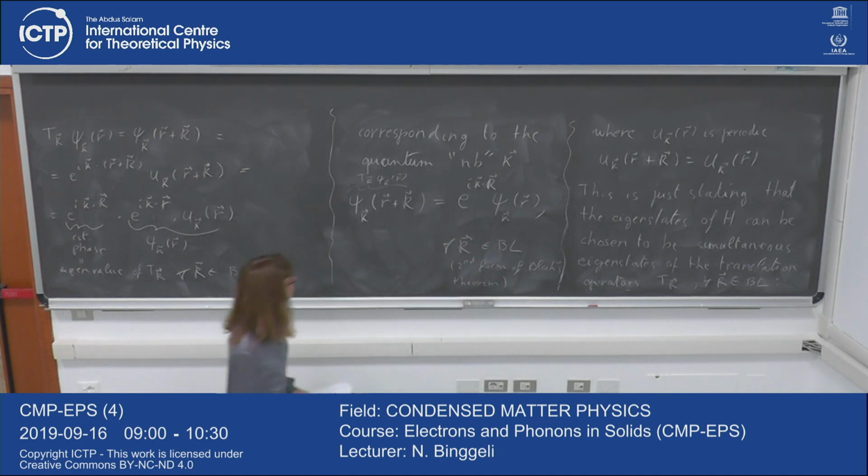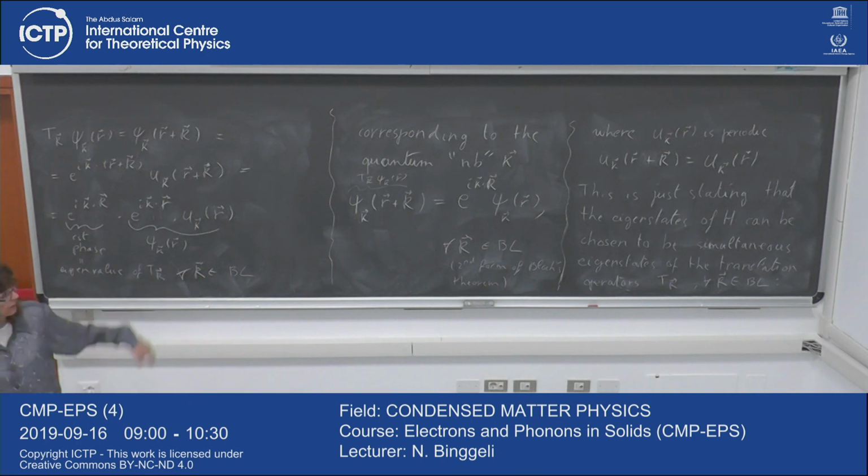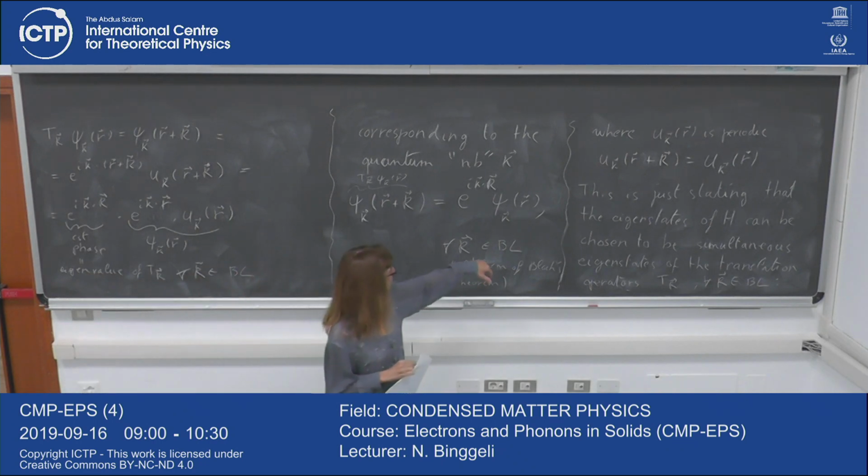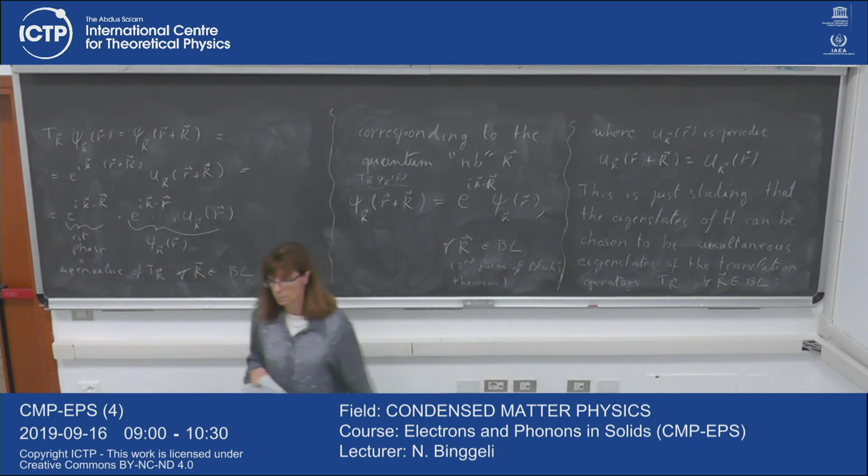The first one is ψ_k(r) = exp(ik·r) u_k(r). So there are two forms which are equivalent. Okay?